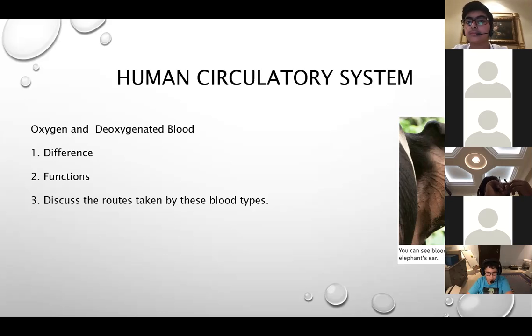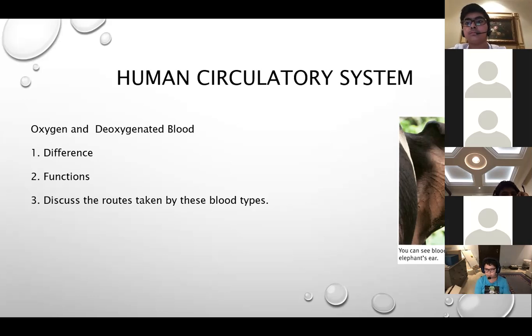The routes I mentioned in the previous slide: one is going away from the heart and one is bringing blood back to the heart. One vessel type is the arteries. One of them takes the blood from the heart to the different parts of the body.